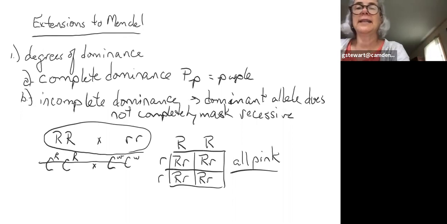The reason we say that this is incomplete dominance and it still follows Mendel's laws is because in the F2 generation, I'm going to need a new whiteboard here. In the F2 generation, it's not blended inheritance because in the F2 generation, our white flowers come back.